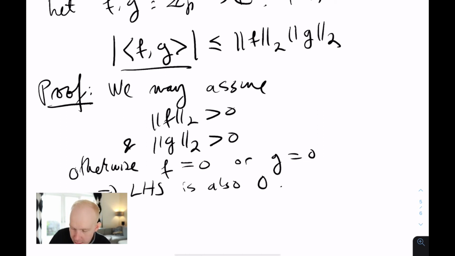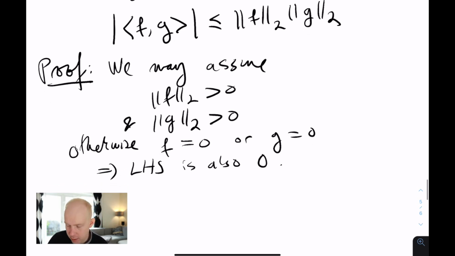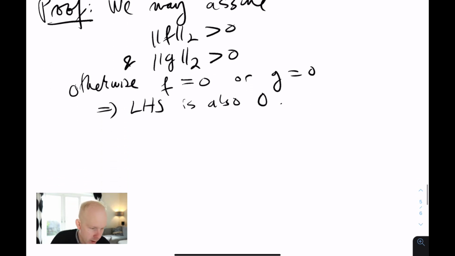Because it's an inner product, if one of the functions is 0, then of course the whole inner product is 0 as well. So that's the assumption we can make.